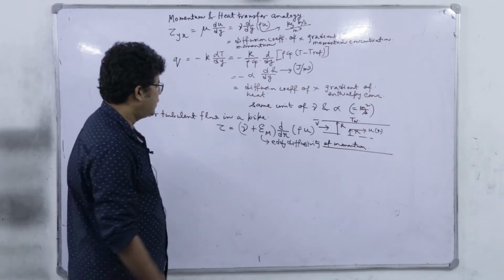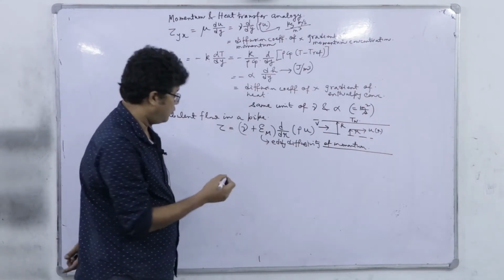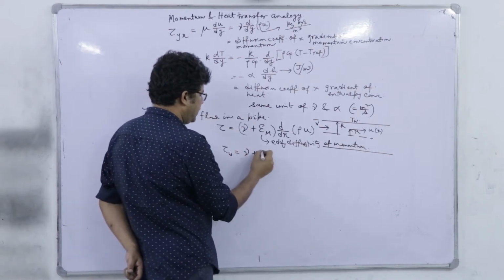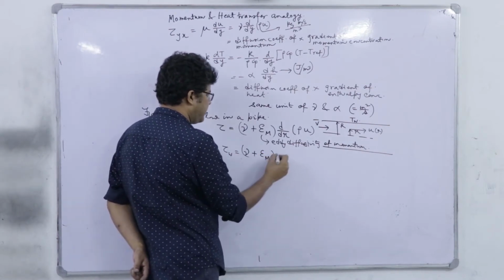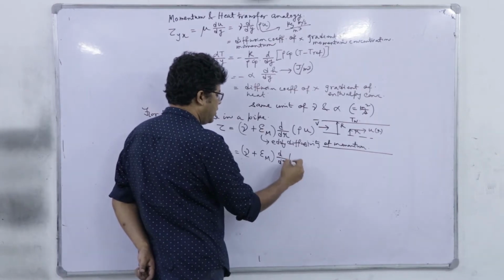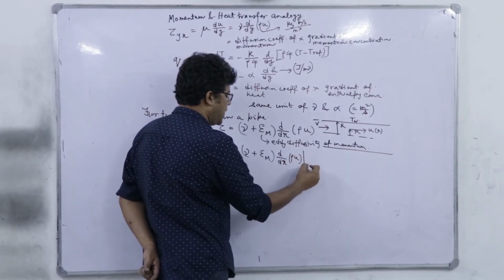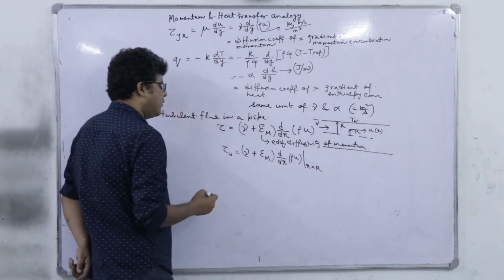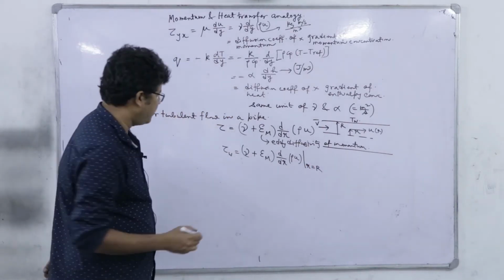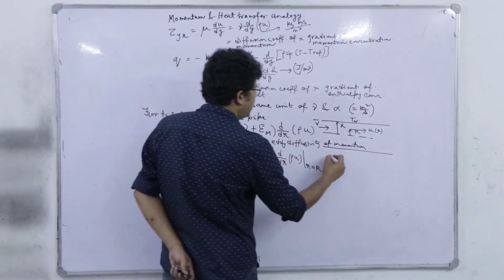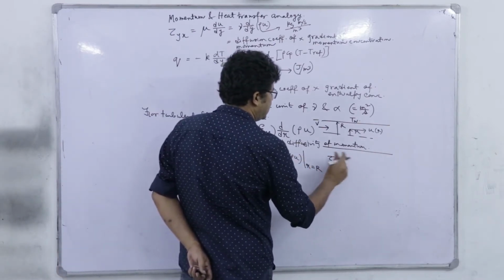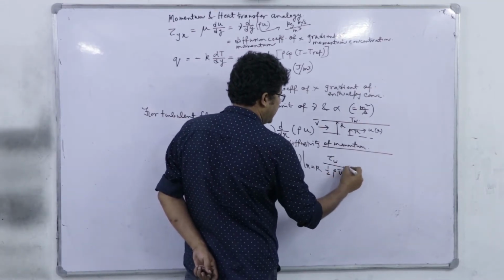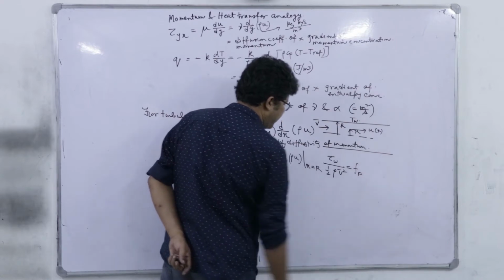Right. So, if I apply it at the pipe wall, tau w is nu plus epsilon m into d dr of rho into u at small r equal to capital R. Now, from the definition of Fanning's friction factor, you know that tau w divided by half of rho V bar square is equal to Ff, the Fanning's friction factor.